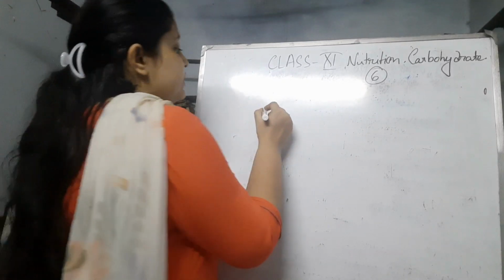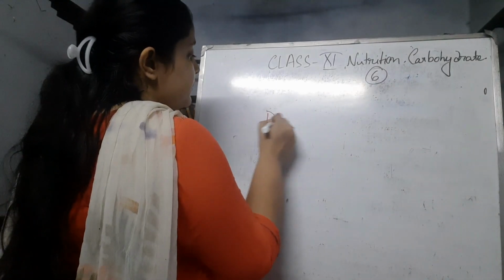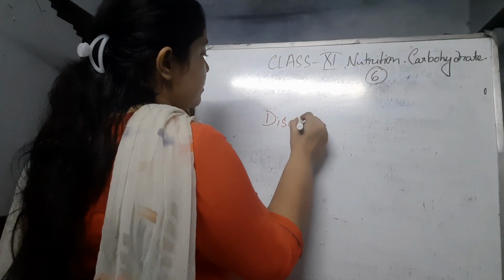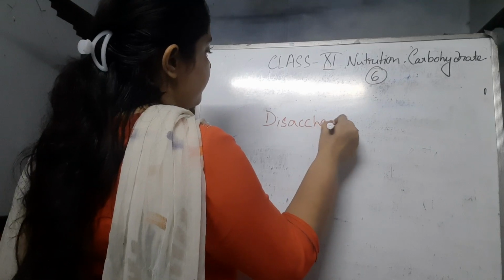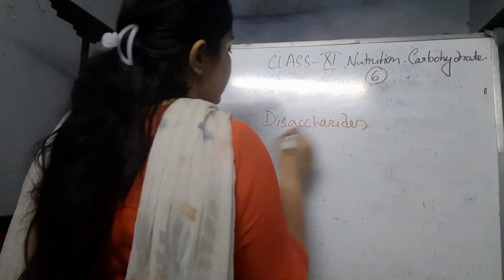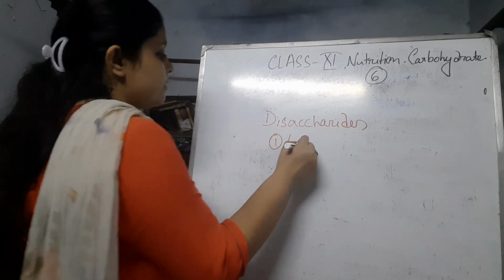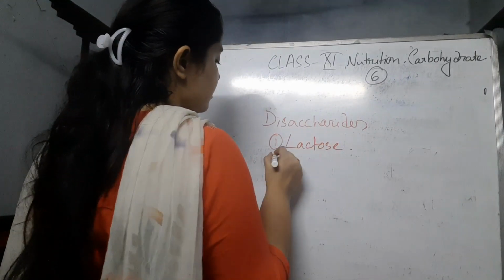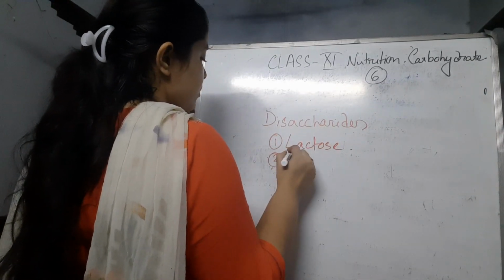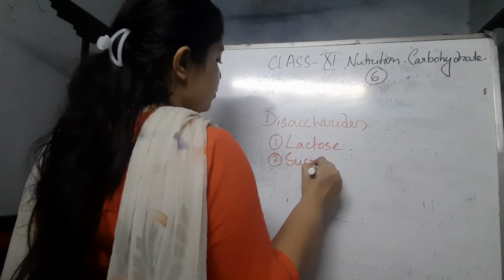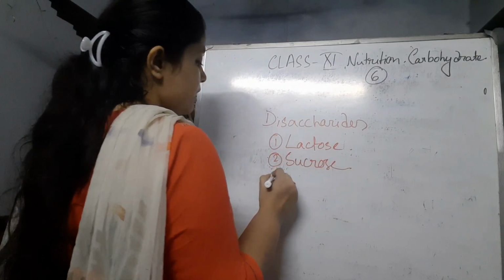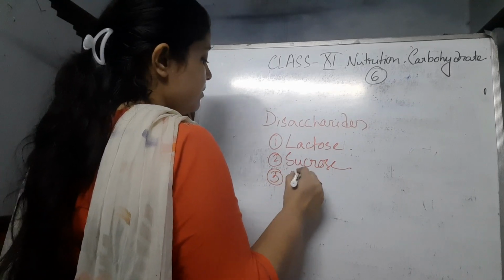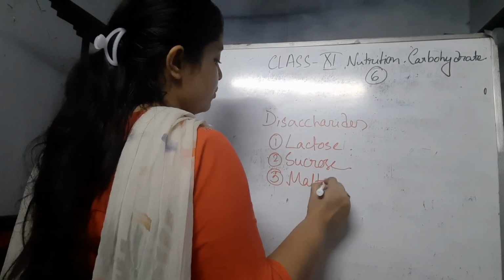You know there are three types of disaccharides. These are lactose, sucrose and maltose.